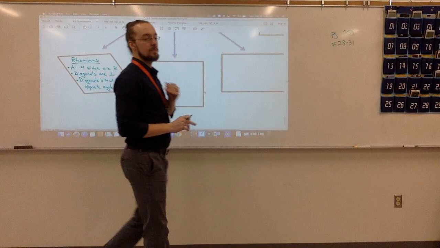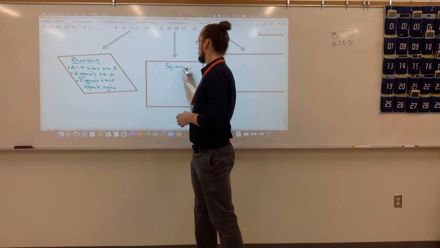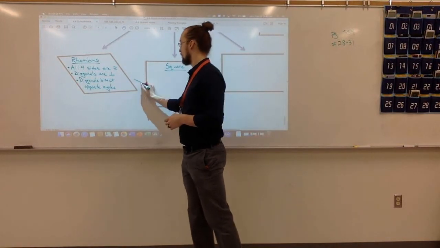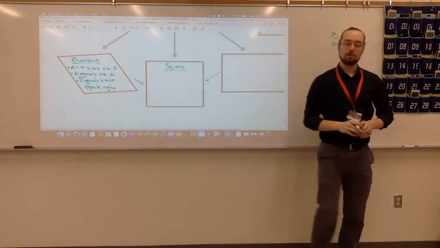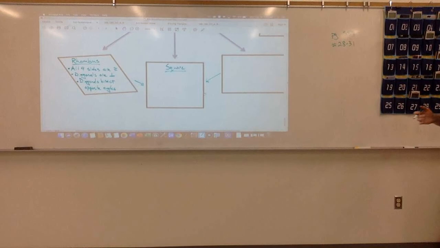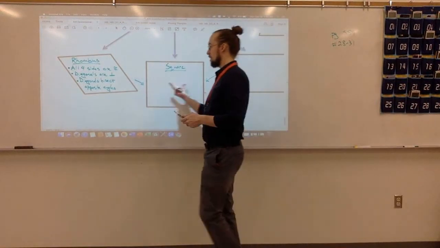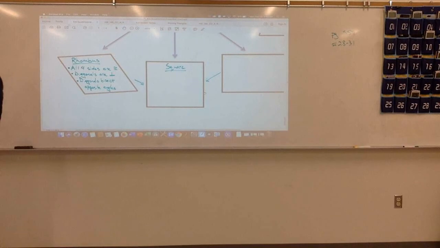Now, the middle one here is our square. And on your paper, we have arrows pointing from the rectangle and from the rhombus. A square is just a combination of a rectangle and a rhombus.